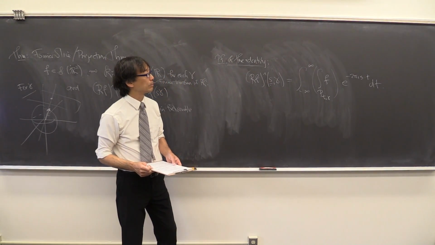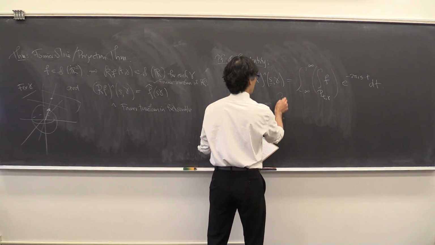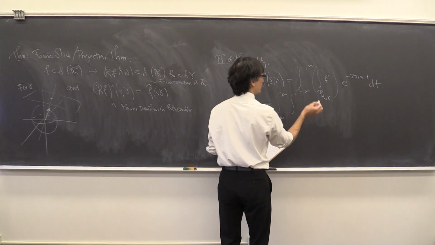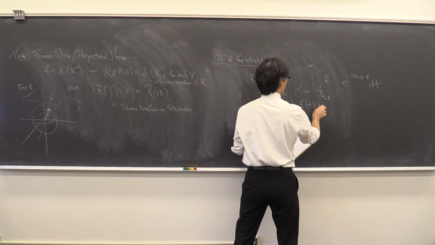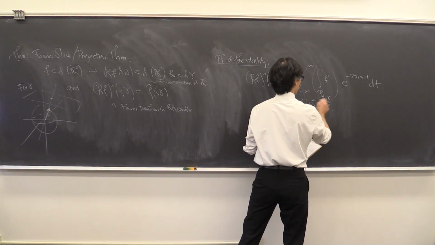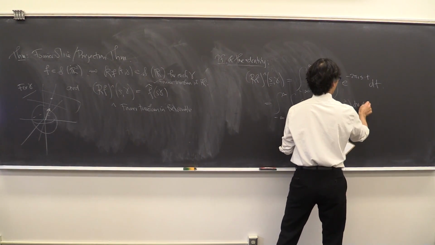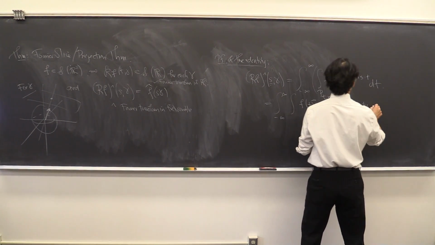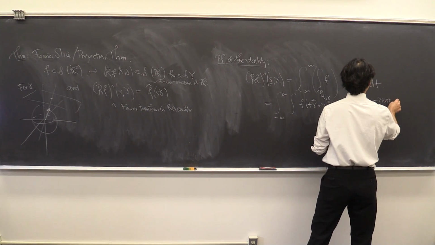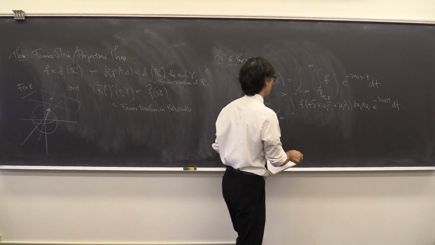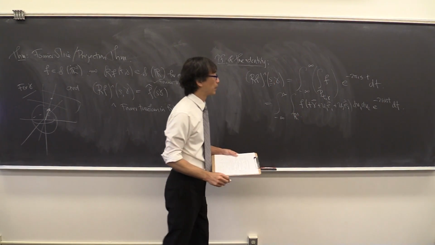Okay, and using the notation that we put up before, that's f of t gamma plus u1 e1 plus u2 e2, du1 du2. Then we have this e to the negative 2 pi i s t dt, over R2.